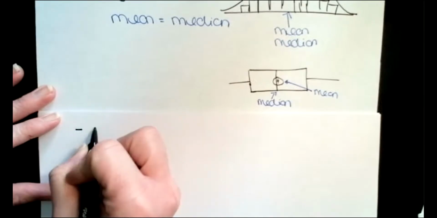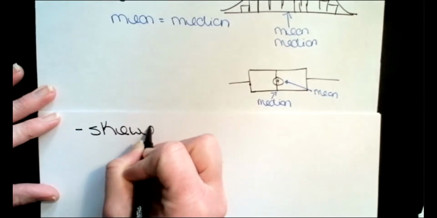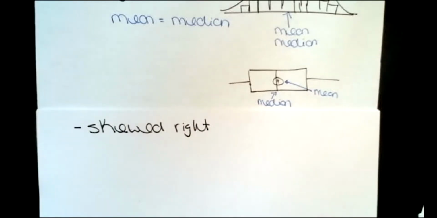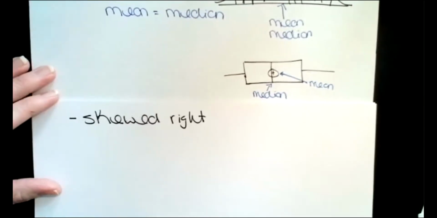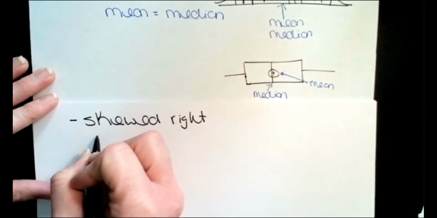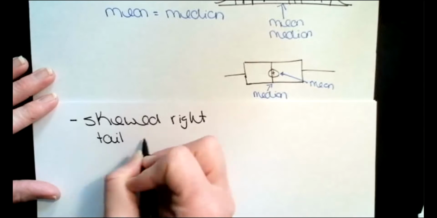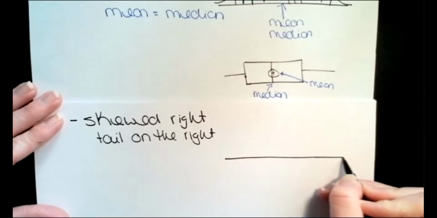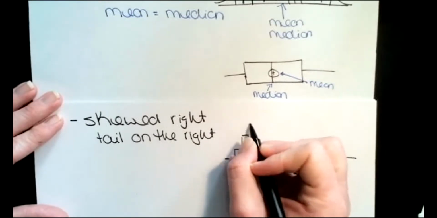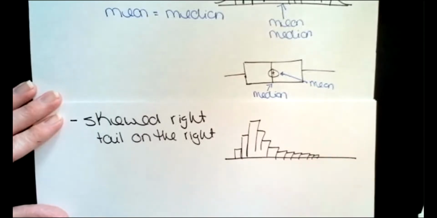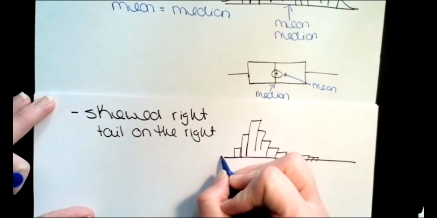All right, so the next shape is skewed right. We actually are going to use this semester as well. The skewed right. We didn't really talk too much about it other than recognizing it in step 1. We're going to do a little bit more with it. So keep in mind when we have skewed right, we're looking at when we have this tail on the right. So if we're looking at a histogram type of thing, we have something like this, and then you have this trail, I kind of get dramatic with it because I want you to see, but you have this trail here to the right.